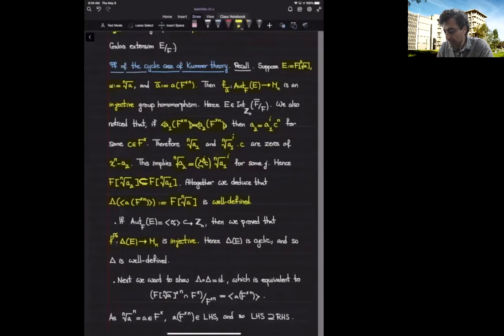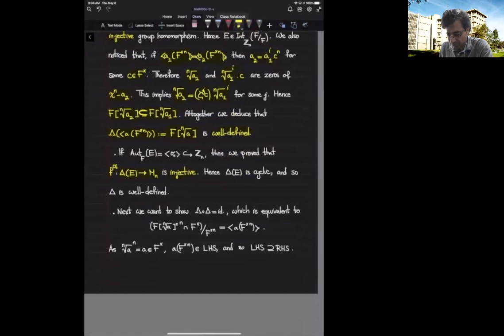Now here we are assuming that sigma naught, or sigma that I said, generates the entire Galois group of this extension. So being in the fixed points of sigma naught implies that it is in the base field capital F. So this alpha should belong to the base field capital F, which means alpha to the n belongs to F cross to the n, and therefore the coset that we are getting is just 1.